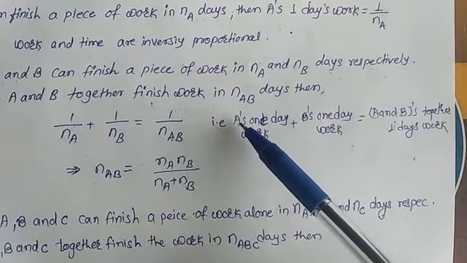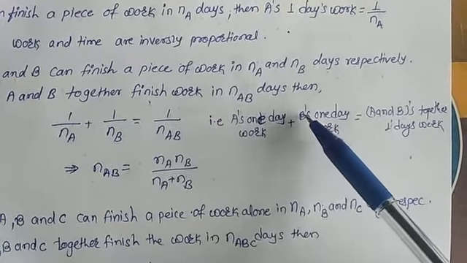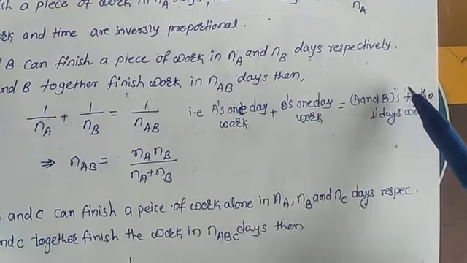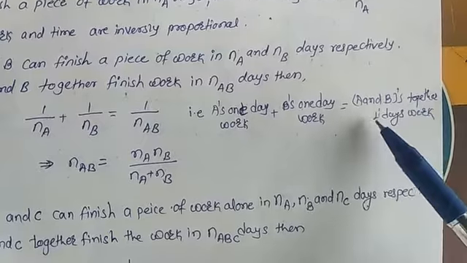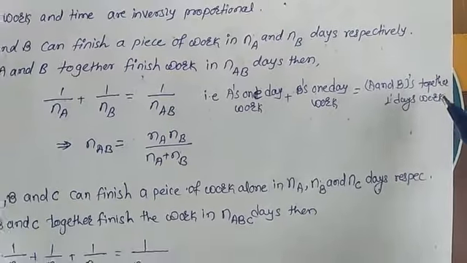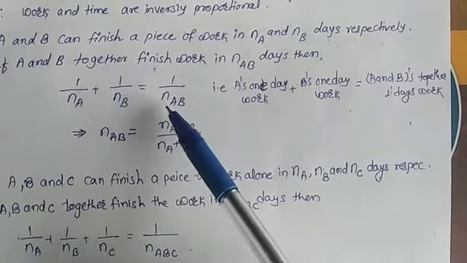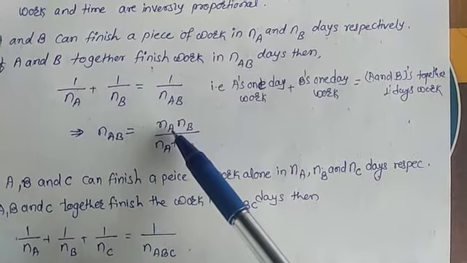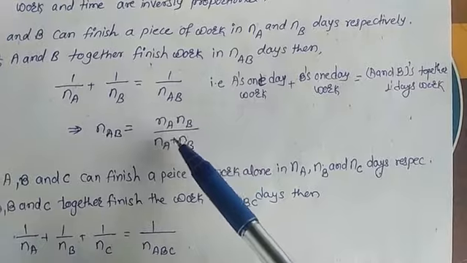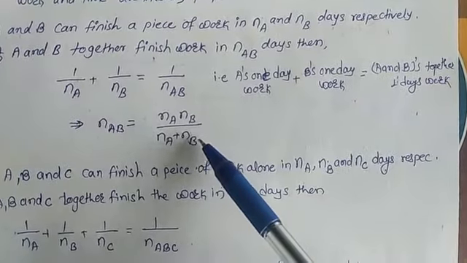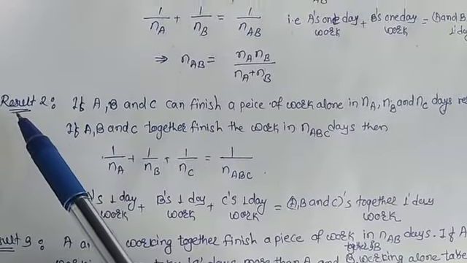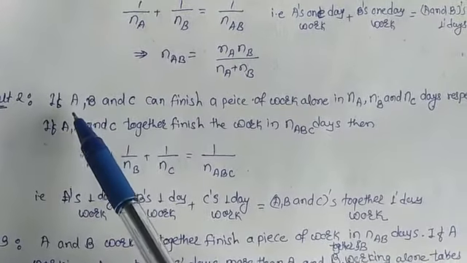That is, A's 1 day work plus B's 1 day work is equal to A and B together's 1 day work. Or you can simplify this as n_AB is equal to n_A into n_B upon n_A plus n_B.